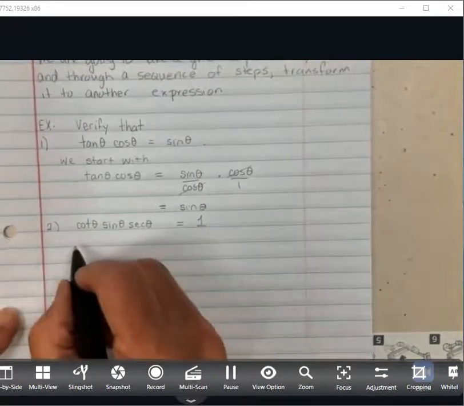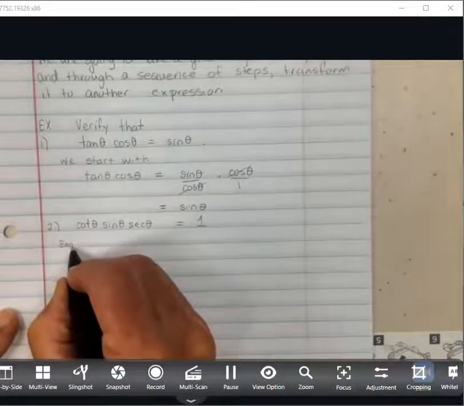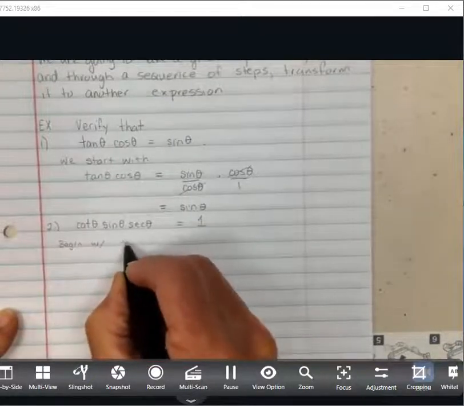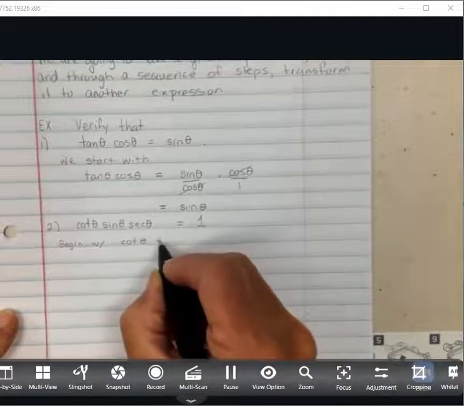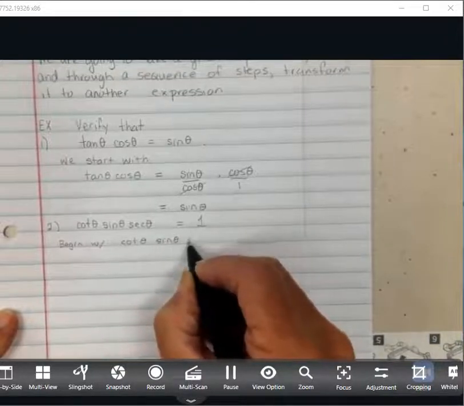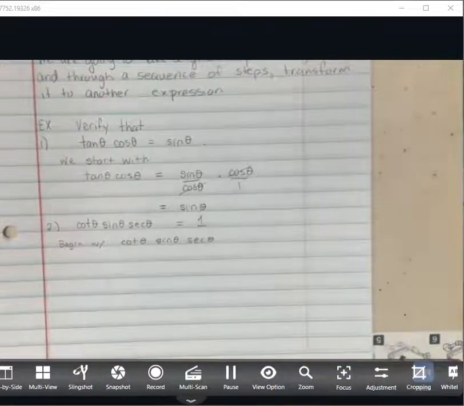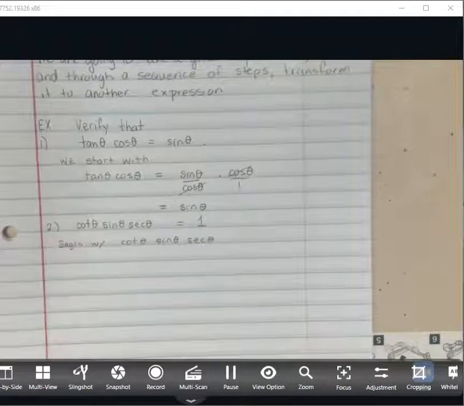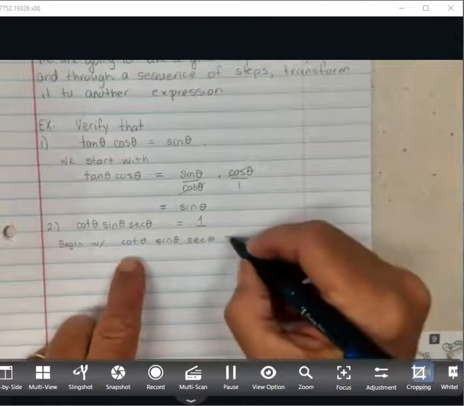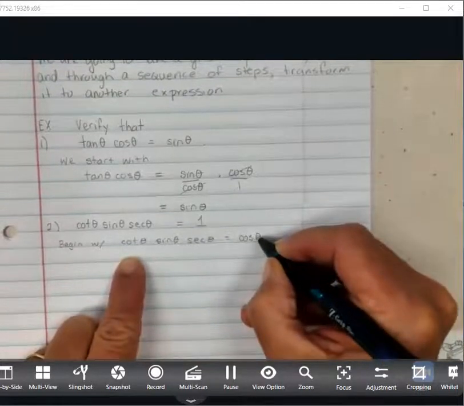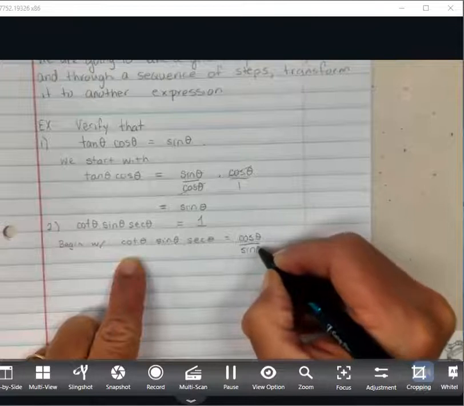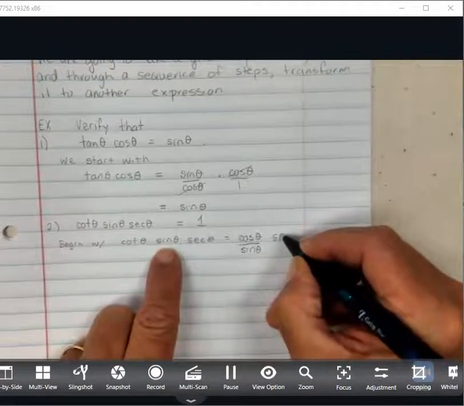Okay. So we begin with cotangent of theta times the sine of theta times the secant of theta. I had pretty good luck in the last example just replacing everything with equivalent sines and cosines. So let's start with the cotangent. Cotangent is cosine of theta over the sine of theta. The sine is already in terms of sine, so let's just put it here.